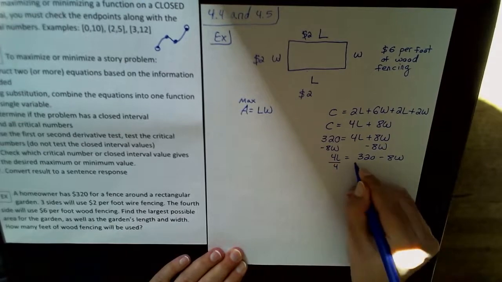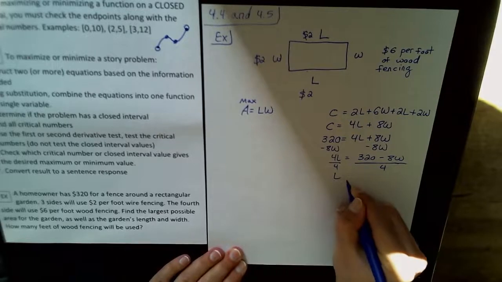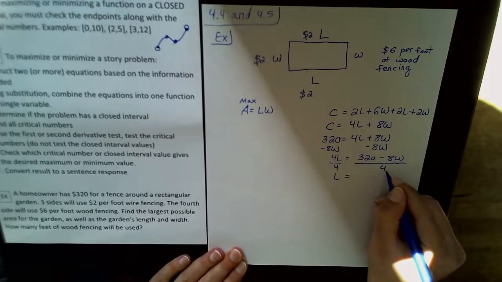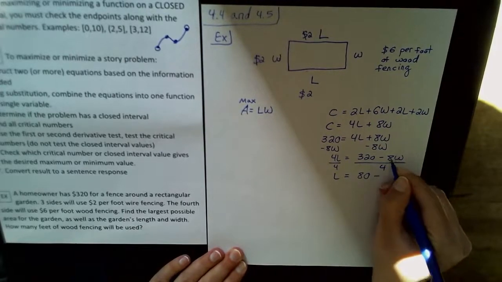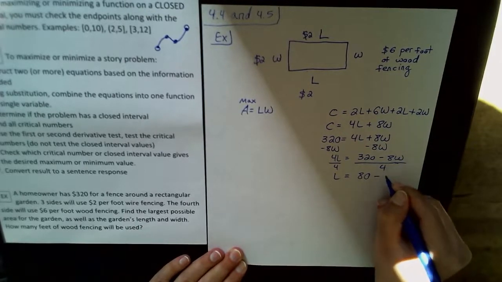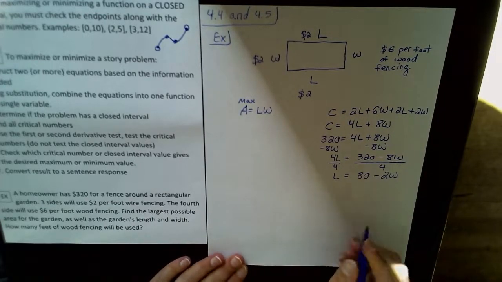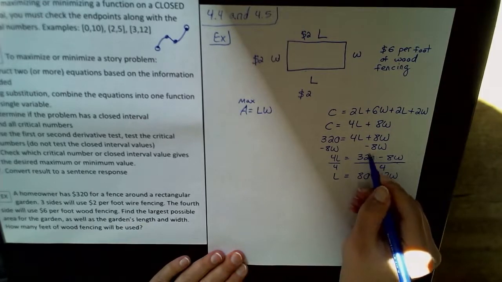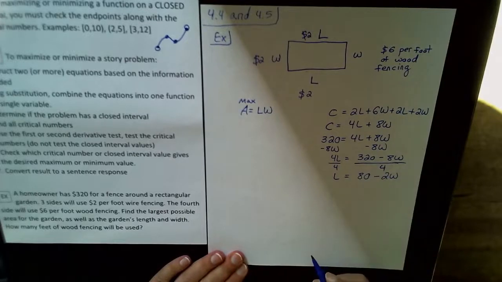And finally, dividing each side by 4 to get the L alone, we get L equals 320 divided by 4 is 80 minus 8W divided by 4 is 2W. If you're not comfortable with dividing each value by 4, you could also factor out a 4 and cancel it, and you'd get the exact same result.